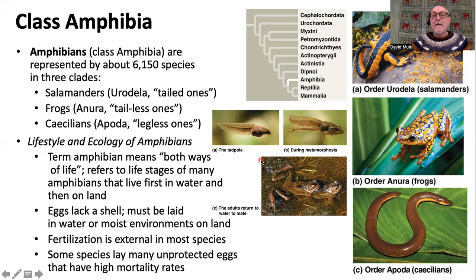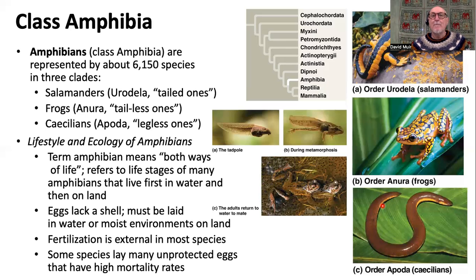So here are all of the different kinds of amphibians. There are many of them. These are the salamanders, newts and salamanders, which have long bodies. And these are the order Anura, the frogs and toads. This is a very strange group of legless amphibians called the Caecilians.